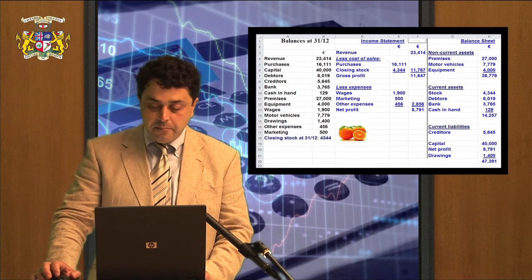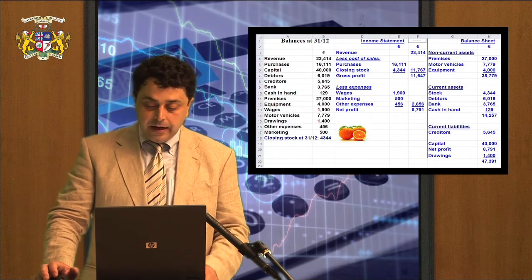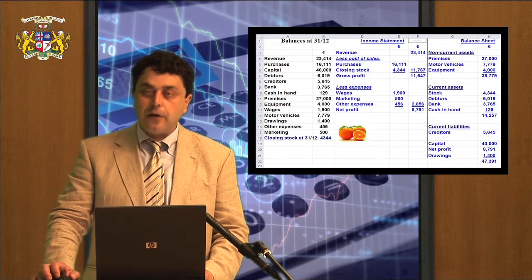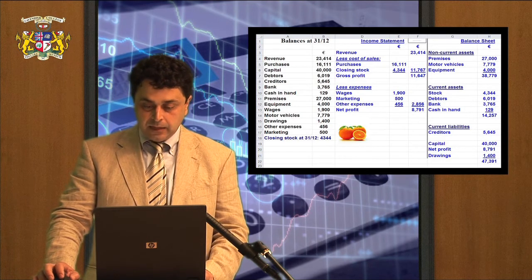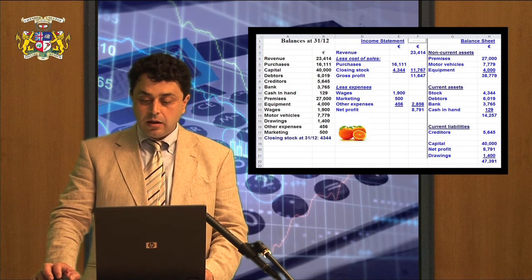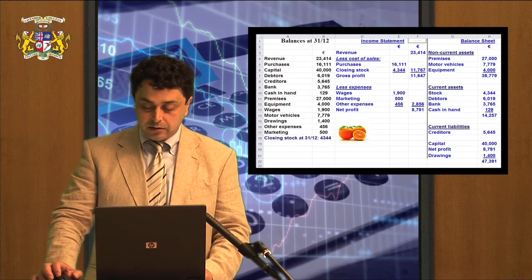If you remember, we mentioned that debtors are people who owe money to your business for goods and services supplied to them on credit. The next section is the section where the current liabilities are recorded.